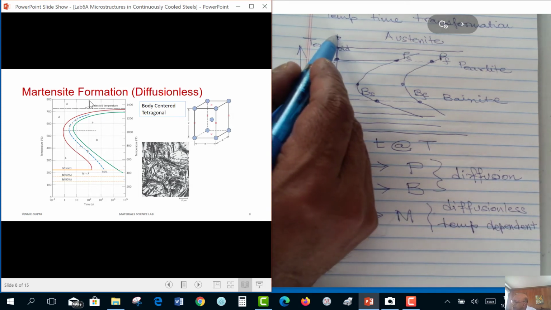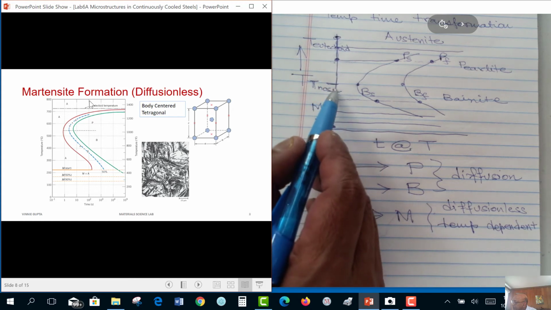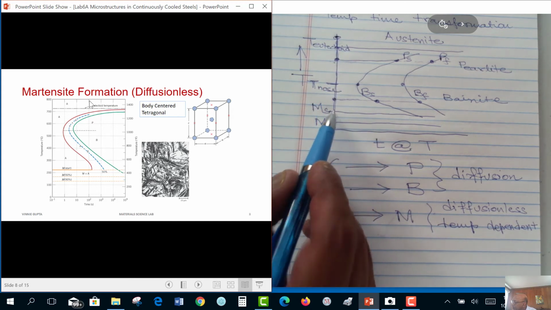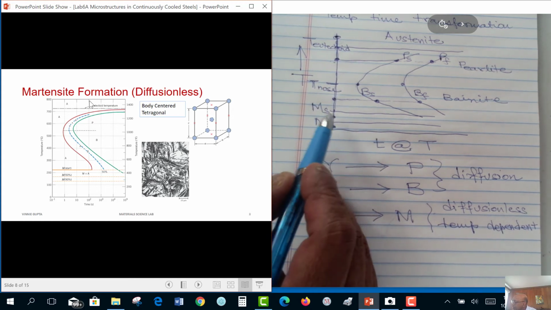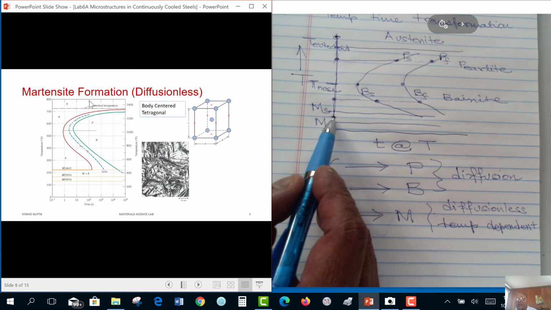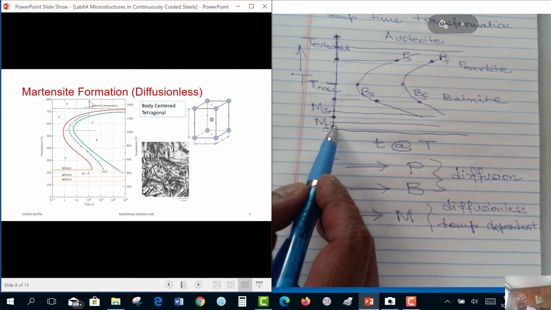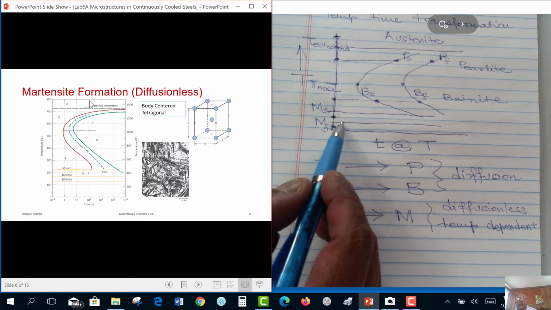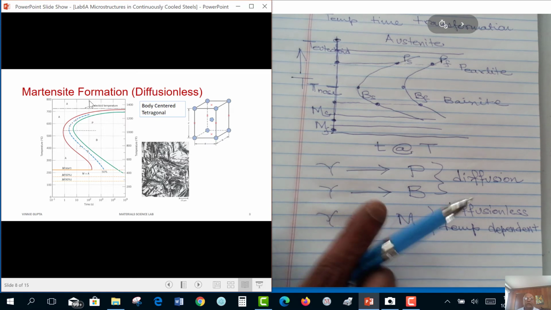And the reason we say it is temperature dependent is notice as we cool down, we have 100% austenite, then it transforms. Let's say it becomes 50% Martensite here, and then below MF will be 100% Martensite. So the temperature is what tells us how much of austenite has transformed.